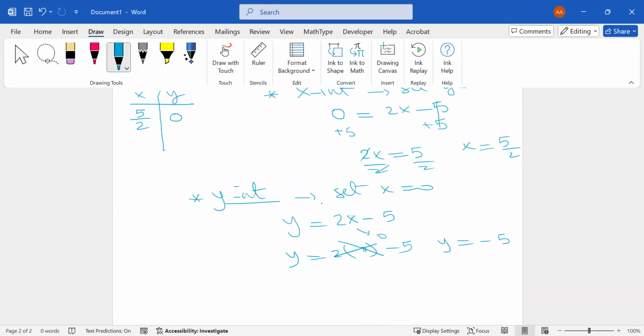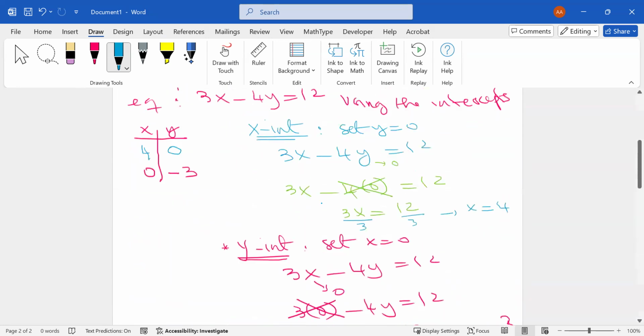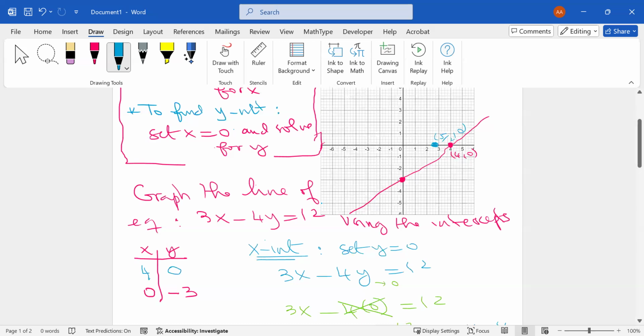So my y-intercept is -5 for y and 0 for x. It's 0, -5. I plot my y-intercept here. Then to do my graph, I just connect them with a straight line. Again, in the classwork or in the test, you have to use a ruler to make the line straight.